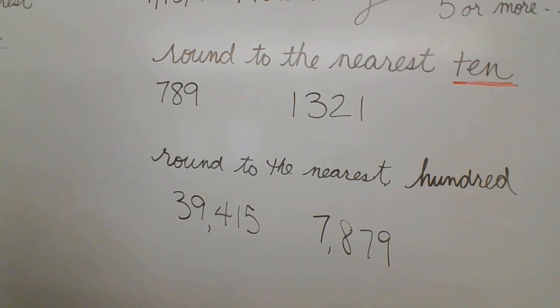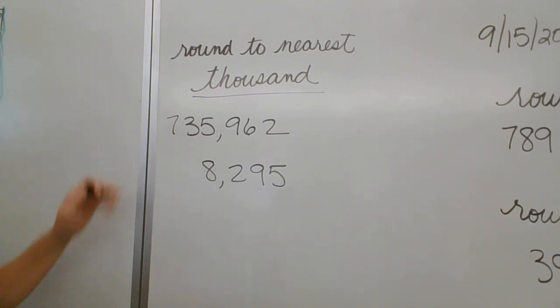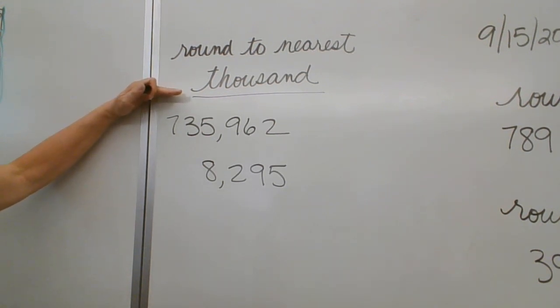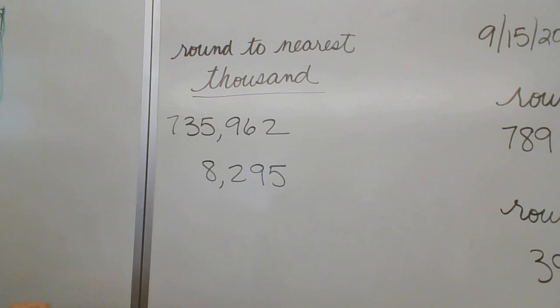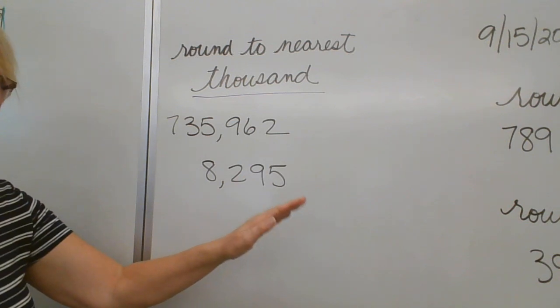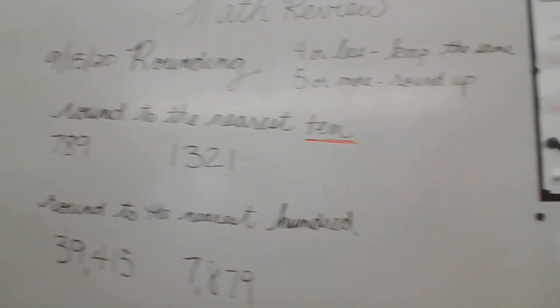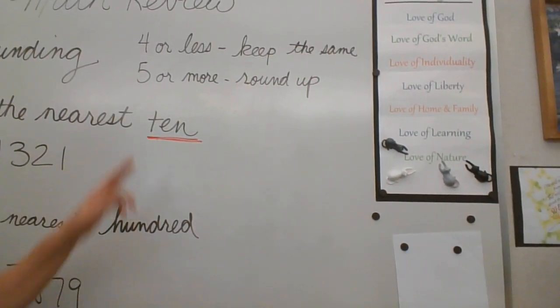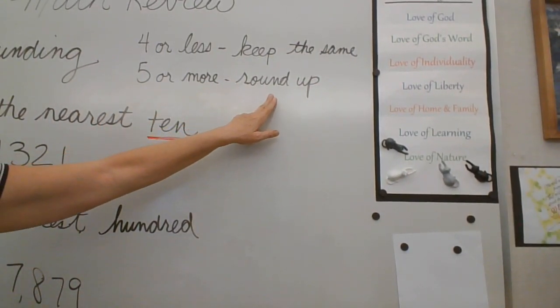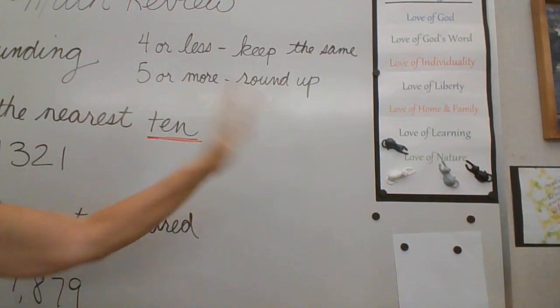Pause the video if you need to write those down. And round those two numbers to the nearest 1,000. Remember, underline the place value that you want to keep. Look at the one to the right of it, circle it, ask yourself the two questions. 4 or less, keep the same; 5 or more, round up, and then do that to the one that's underlined, and everything else should be zeros.